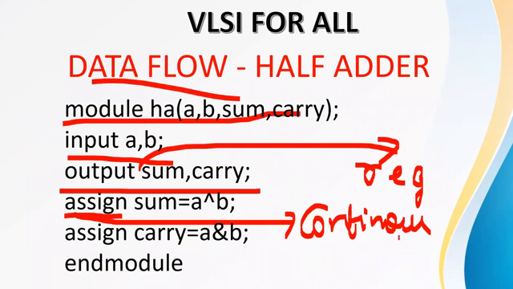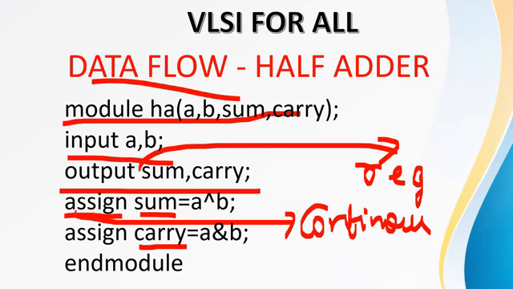But coming to the continuous one, we'll have sum and carry both as wires. Because as I said before, if we don't declare any reg for variables, by default input or output might take wire as their data type.